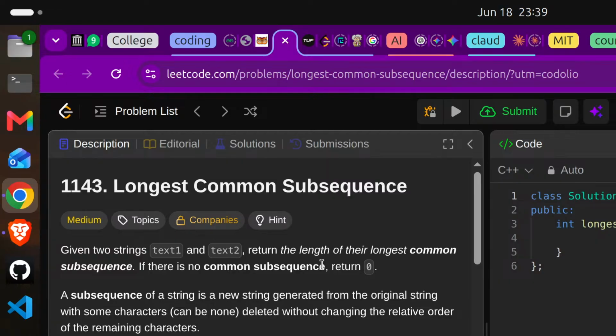Yeah, so we have to have some count variable, i or j less than 0, return count.